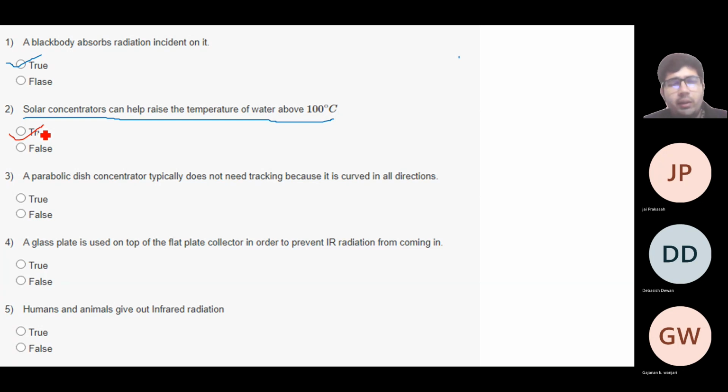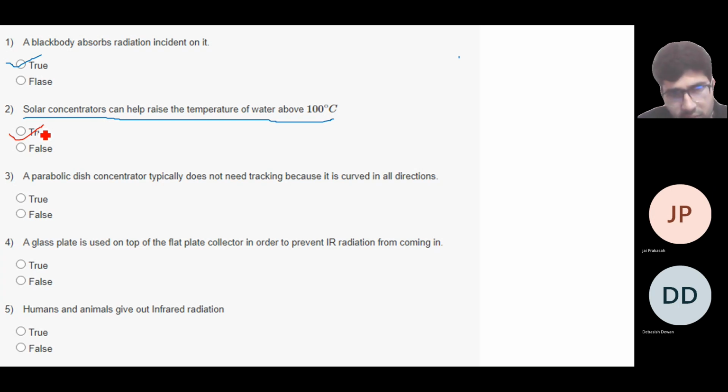Suppose you are not tracking the sun: your concentrator is facing west, and the sun is in the east direction. Is it collecting all the radiation, or more radiation, or not? Basically, no. We have to track.